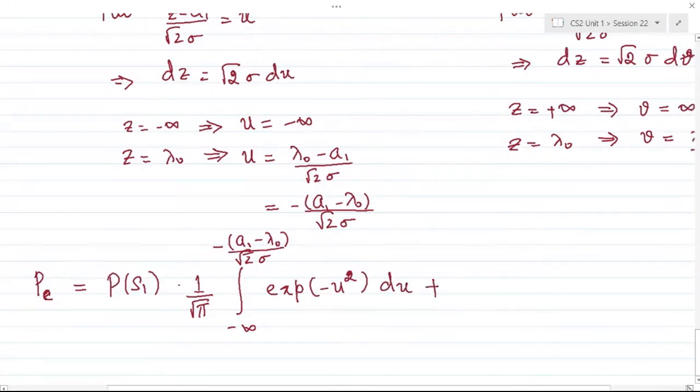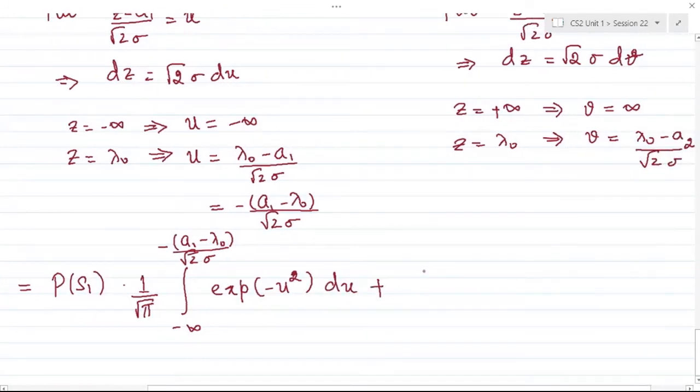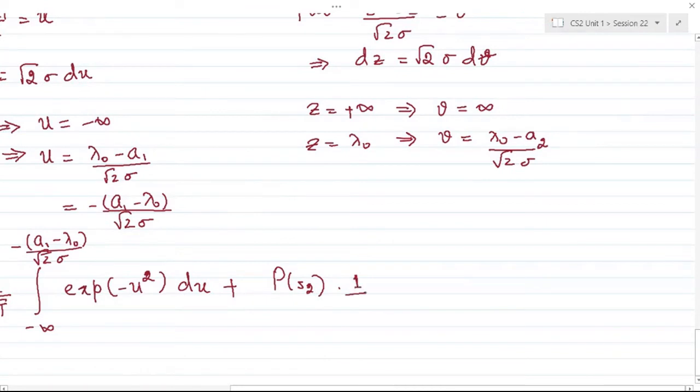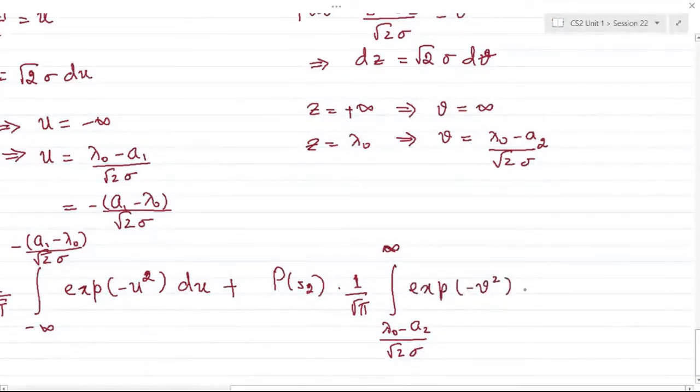Similarly with the second term with the variable v, probability of S2 times 1 over root pi, integral with lower limit lambda naught minus a2 over root 2 sigma up to infinity, exponential of minus v square dv.